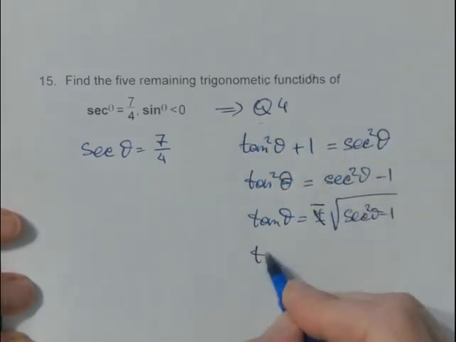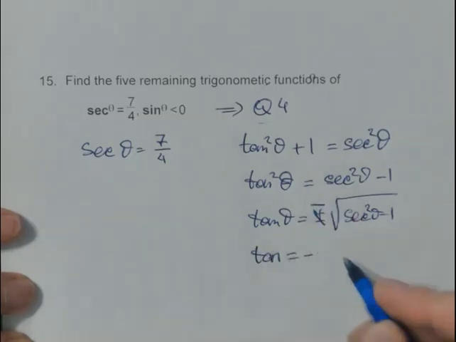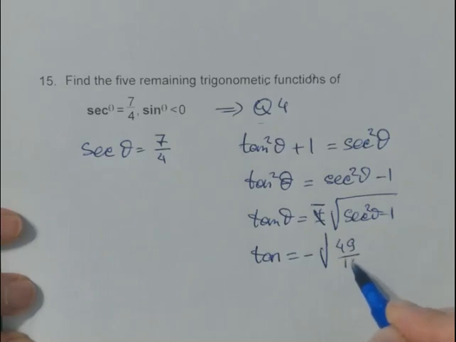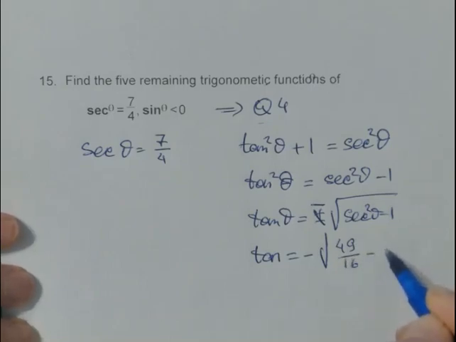Now we can substitute. Tangent is negative square root of 49 over 16 minus 1.